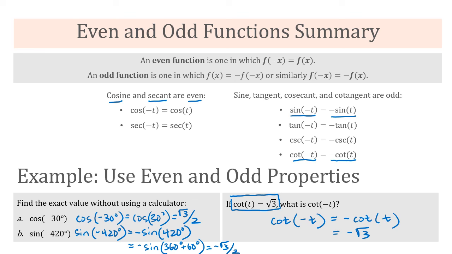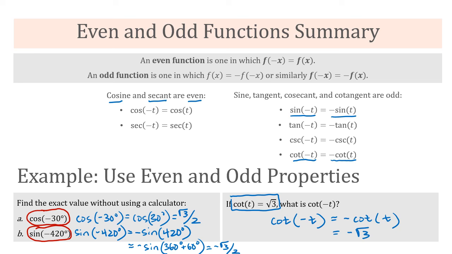Now, do you have to use even and odd properties? In other words, looking at part A, could I have just gone to negative 30 degrees on the circle and identified what the cosine was? Yes, you could. For the sine of negative 420 degrees, could I have just gone to negative 420 degrees on a circle and identified the sine?